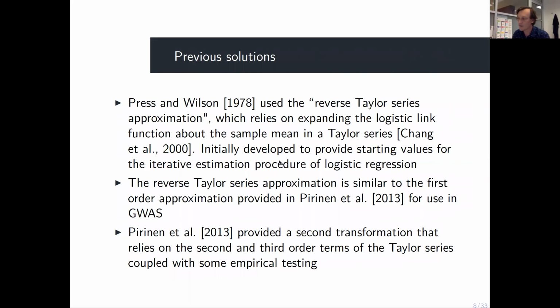So why that's important is that that is very similar to the actual, well, if we fast forward to 2013, in a paper in the Annals of Applied Statistics by Pirinen and Donnelly, they used a similar path to the solution to get their own approximation.